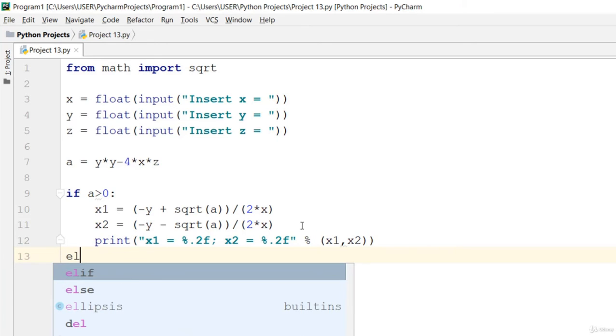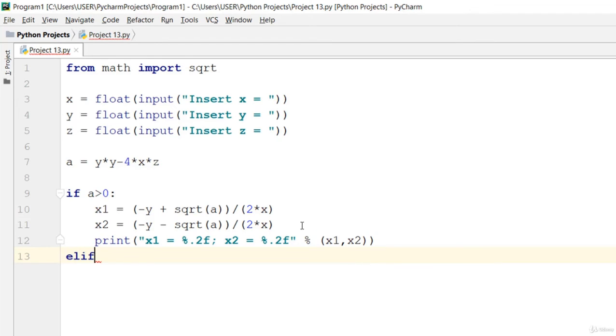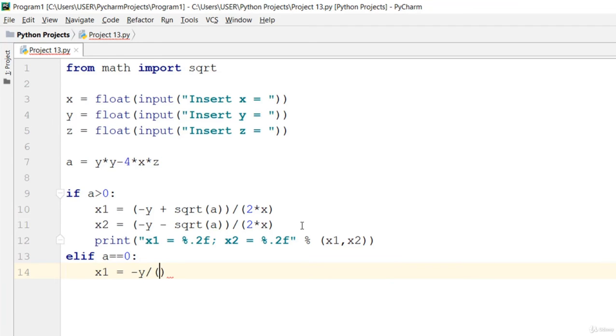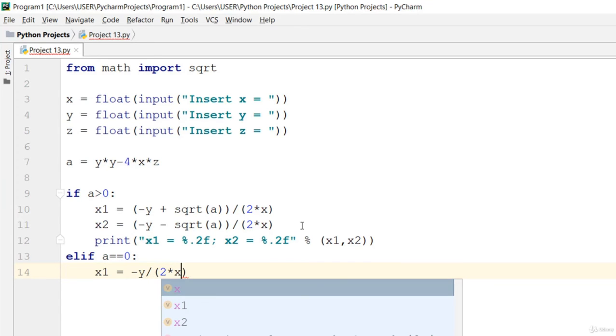So else if a is equivalent to 0, therefore x1 is equal to negative y divided by 2 multiply x.